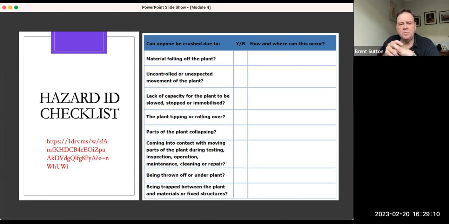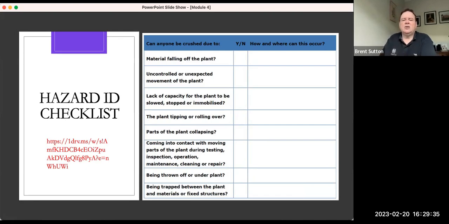So in this example, can someone be crushed due to material falling off the plant? Now, if the conveyor is just moving boxes of feathers, then the answer is no, they can't. But if that conveyor is moving aggregate or heavy objects, then they can.